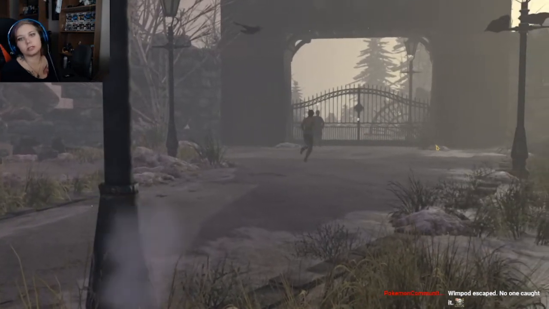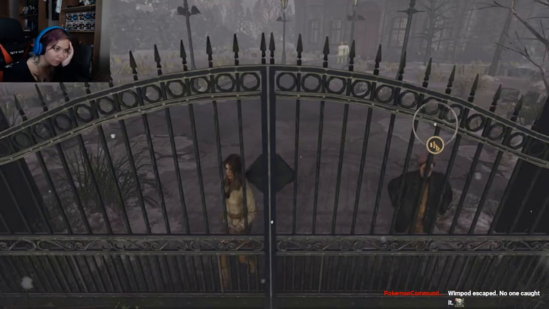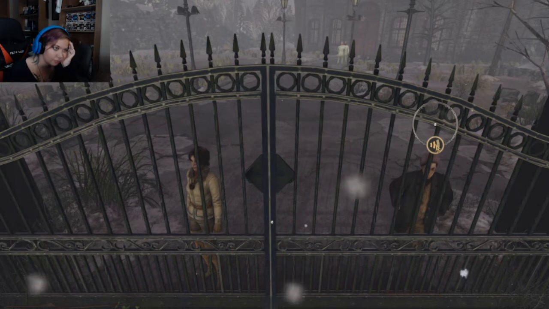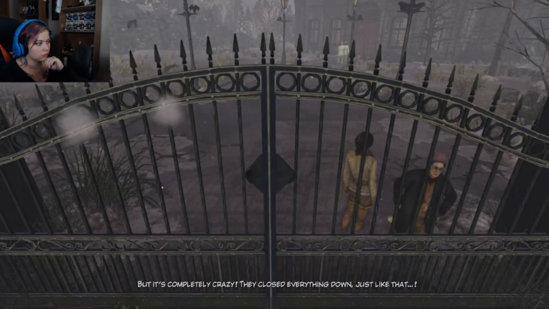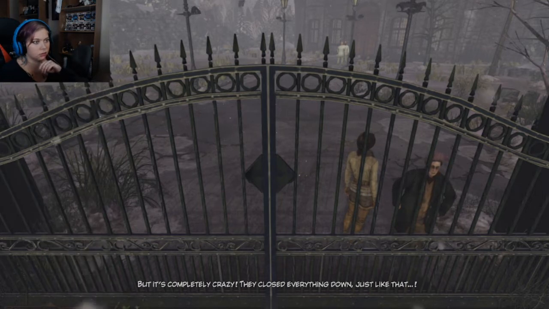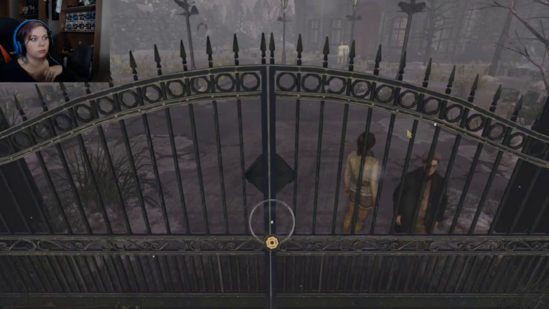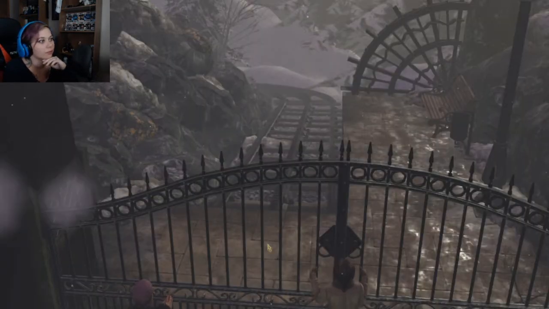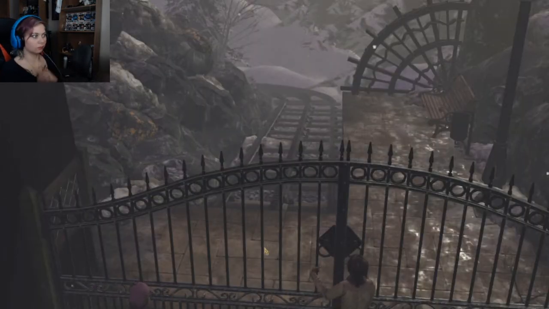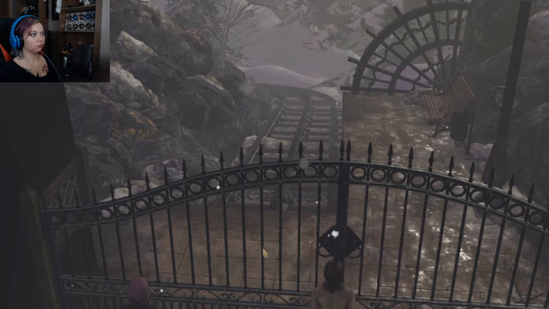Oh, there's a gate. Of course there's a gate. I thought I was out. But it's completely crazy. They closed everything down. Just like that. Why do I feel like everything's locked because of me? Trapped. Are those train tracks?